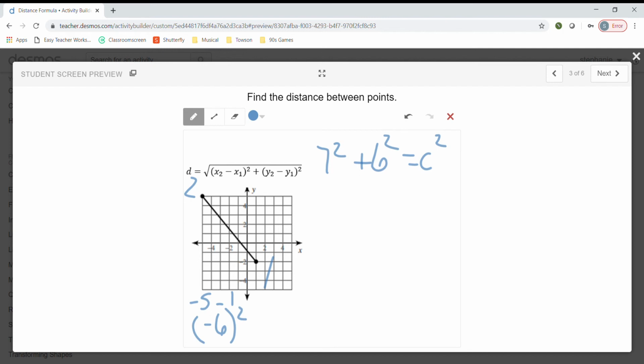Negative 6 times negative 6 equals 36. Well, that worked too. All right, let's try the y's. y squared, y2, which is, see, negative 5, minus y1, so y1 is negative 2. Minus a negative 2, hold on, negative 2.